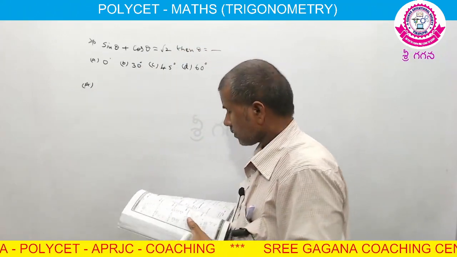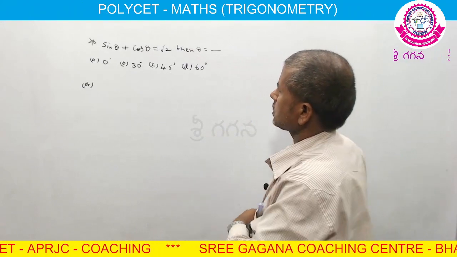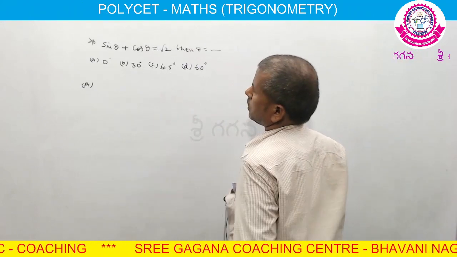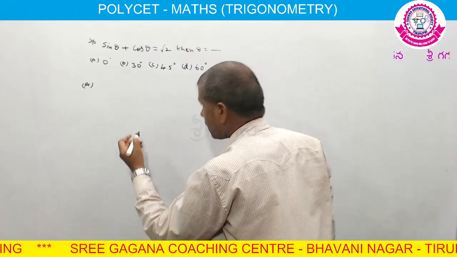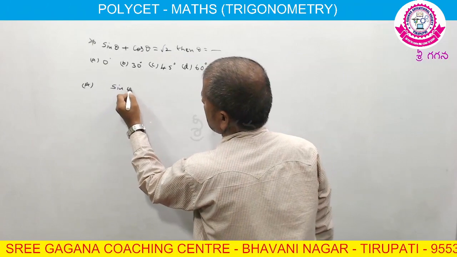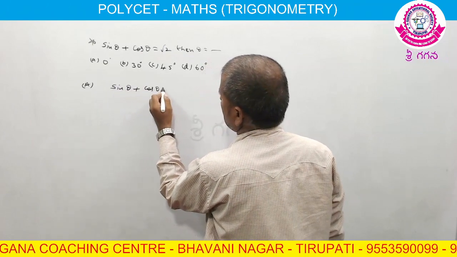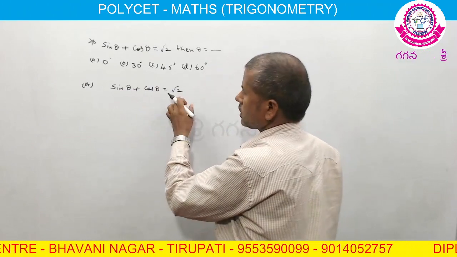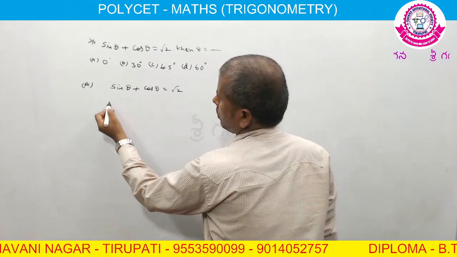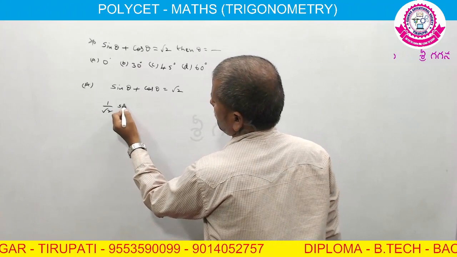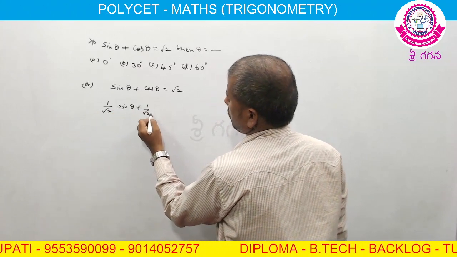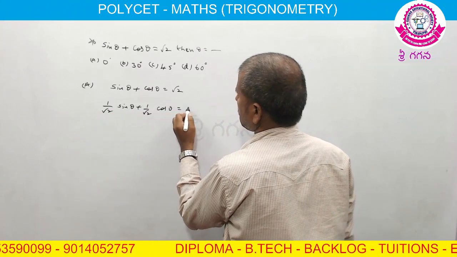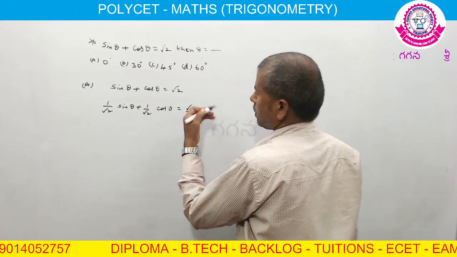So here, sin theta plus cos theta equals root 2. First of all, we write sin theta plus cos theta equals root 2. Root 2 is divided on both sides. So 1 by root 2 sin theta plus 1 by root 2 cos theta equals root 2 by root 2.